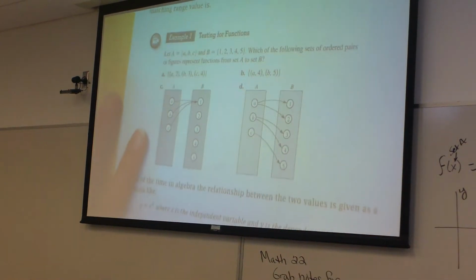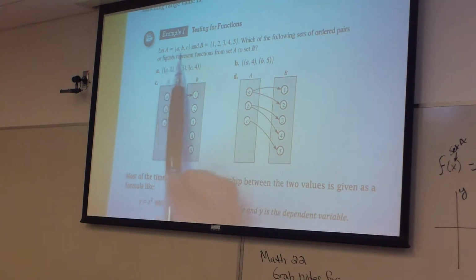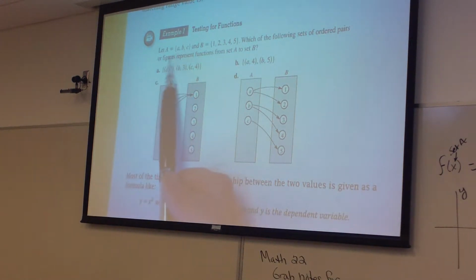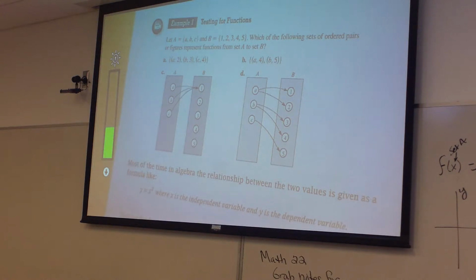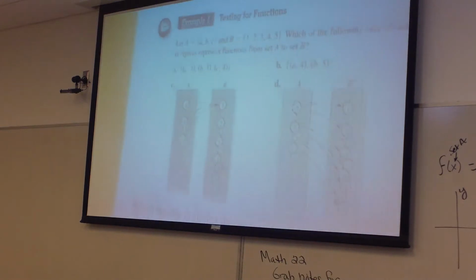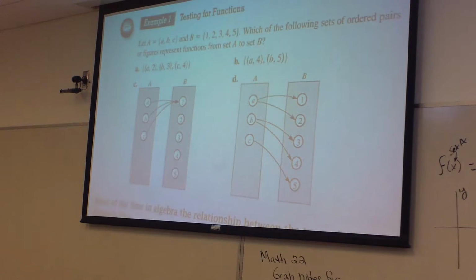So if we look at example number 1 here, this is set notation. If you haven't seen it before, it tells you that the values that are in set A are a, b, or c. Those are the only values that you can have for A. And the values in set B are 1 through 5.